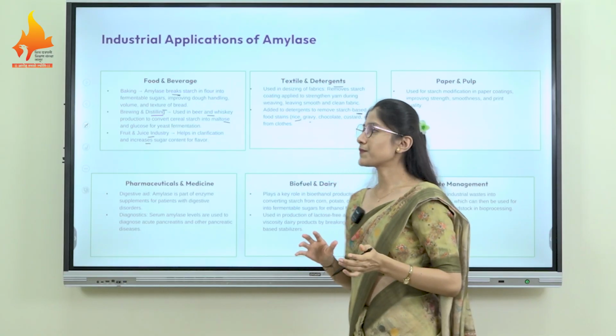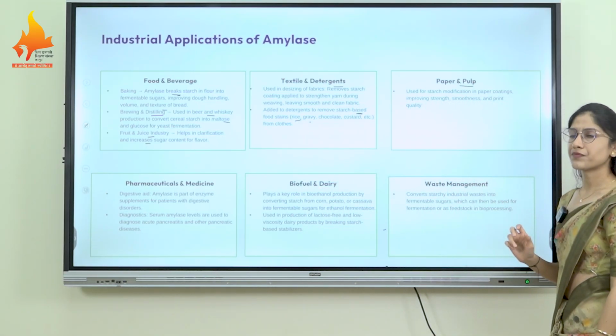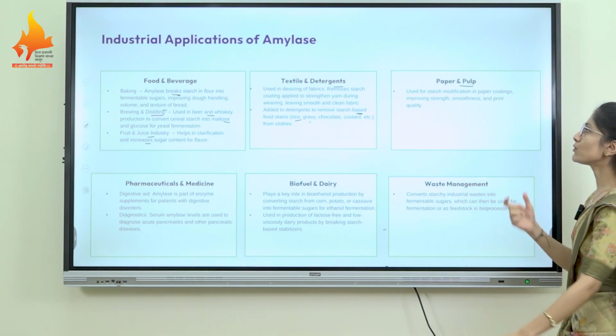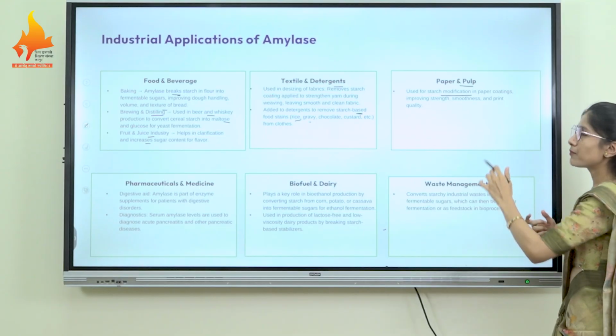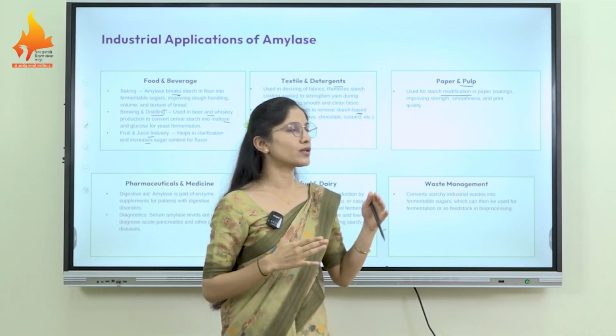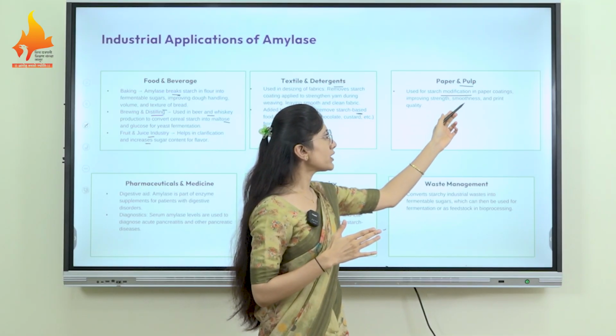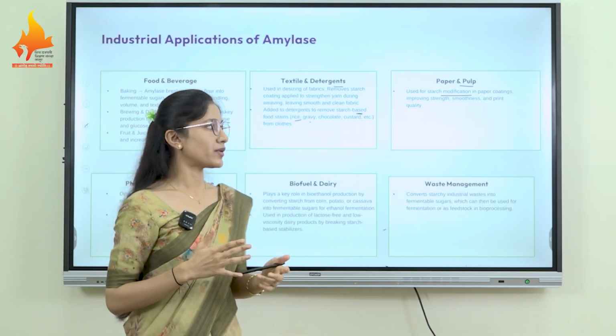Next application is the paper and pulp industry. Amylase enzyme is used for starch modification in paper coating, which improves the strength, smoothness and print quality of the paper.